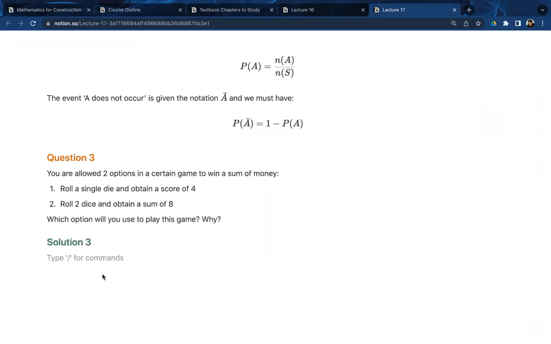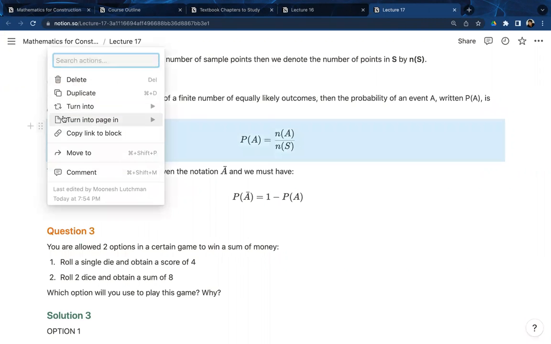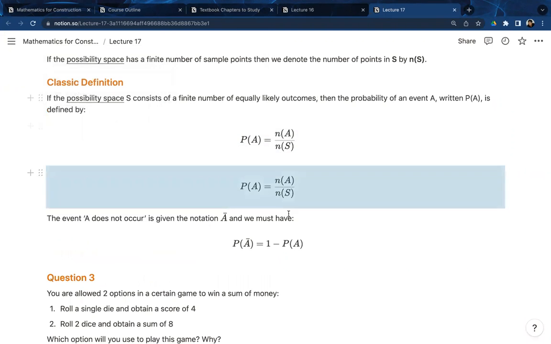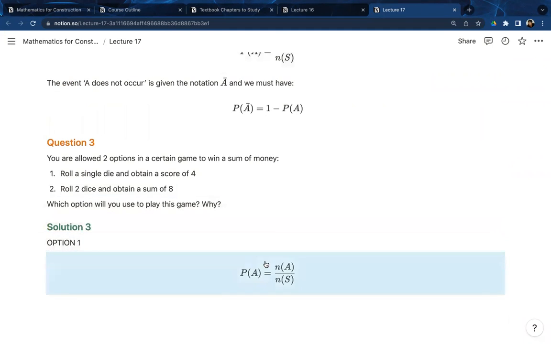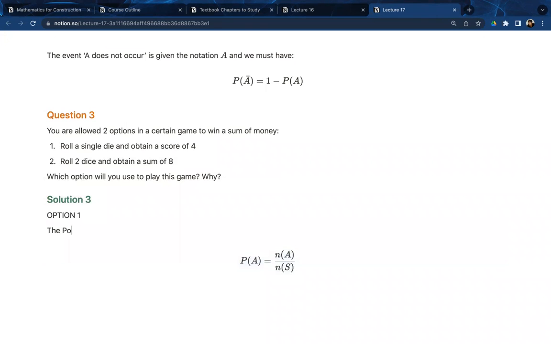So option 1. Let's deal with the traditional definition of probability. First of all, what is the possibility space for the first option? The possibility space is the set of all different scores you could get.